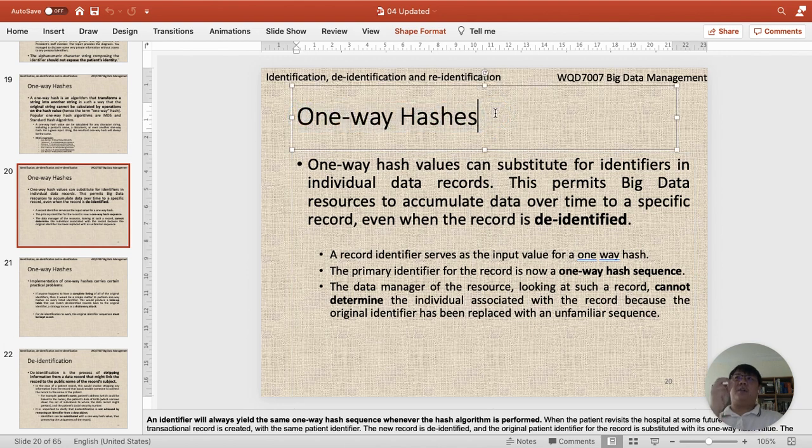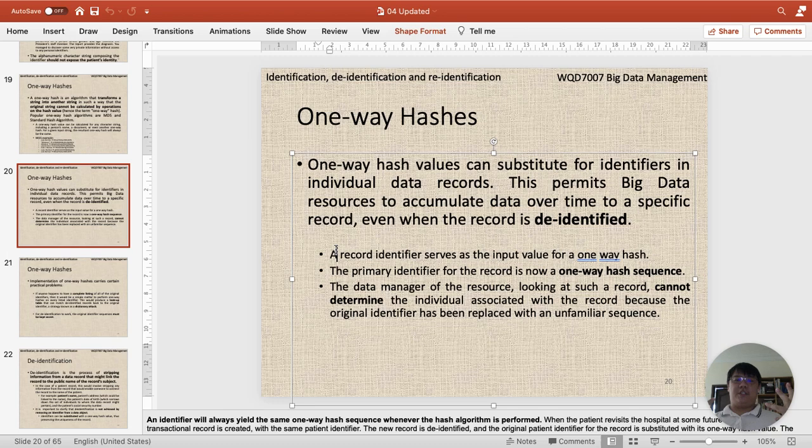Because it's a so-called standard way where a data provider can use it many times, anytime, to process your identifiers, so that at the end of the day, every time you send your data to the data managers, the identifier that you're using is always de-identified in this round.